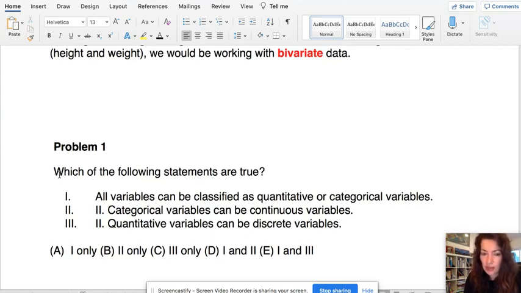It's just either the color of your hair, the color of your eyes, the type of car, the type of dog. So that cannot be a continuous variable. 3, quantitative variables can be discrete variables, and yes, that is true. So the only thing that would be true here is 1 and 3, so the correct letter answer is E.